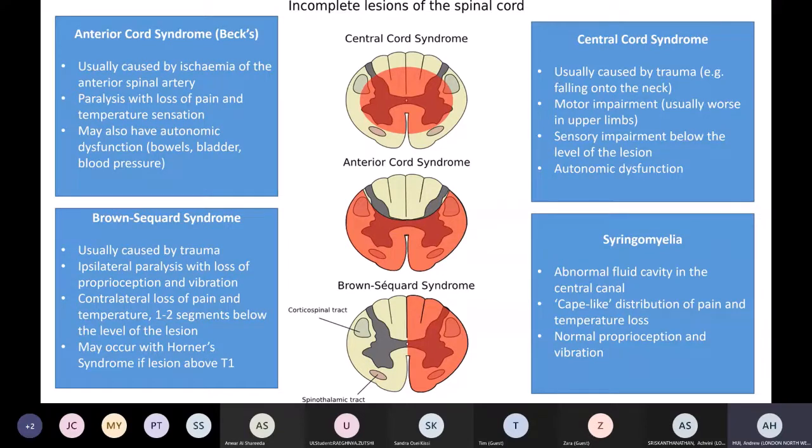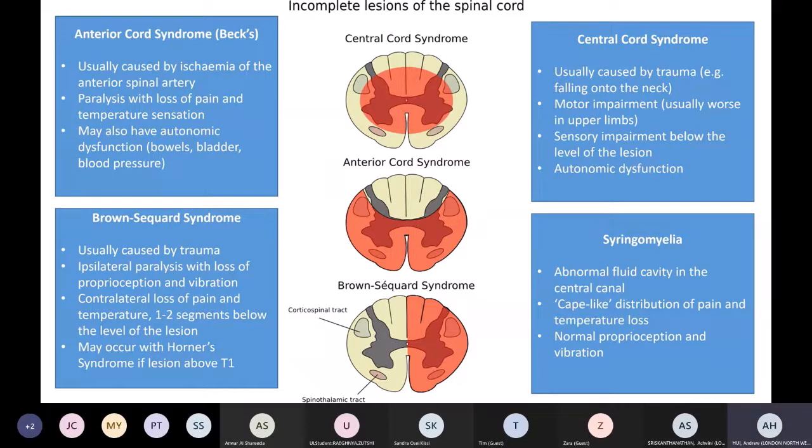For something like central cord syndrome, SBAs usually talk about trauma, not stab injuries per se, but things like people falling off their motorbike and landing on their neck. It doesn't cause a complete transverse section of the spinal cord to be disrupted, so they can still maintain some of their motor and sensory function.